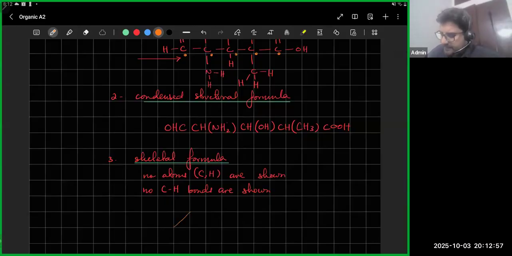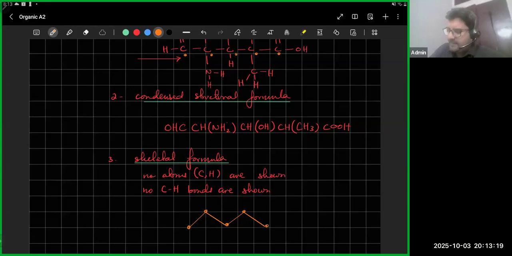That's 1, 2, the third carbon atom, the fourth, and then you have the fifth carbon atom. All these points or nodes are carbon atoms.